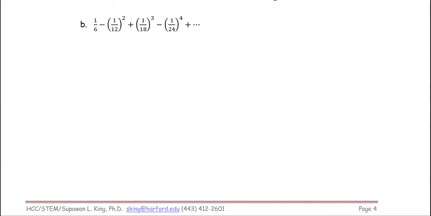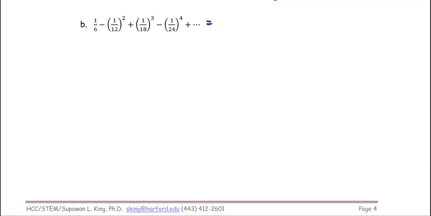In this example, we have a series in the form of 1 over 6, plus the quantity 1 over 12 to the second power, plus the quantity 1 over 18 to the third power, minus the quantity 1 over 24 raised to the fourth power, and so forth.